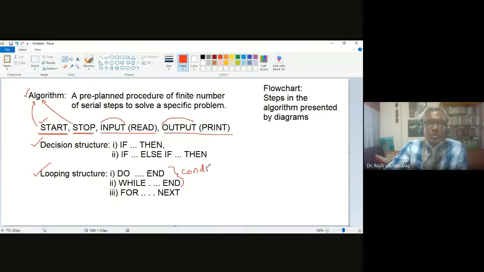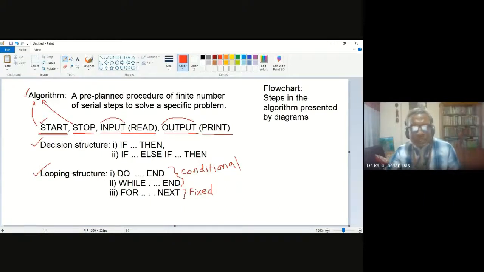How many times is not fixed. It is based on the condition. And the last one, for, is not conditional. It is a fixed number of iterations. That is, repetition will be fixed. So that is the idea.